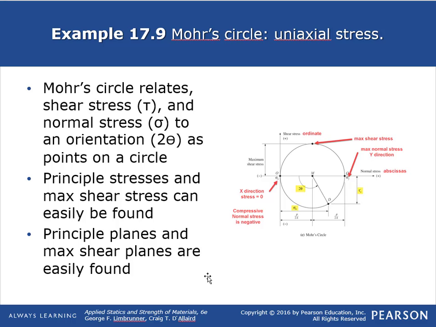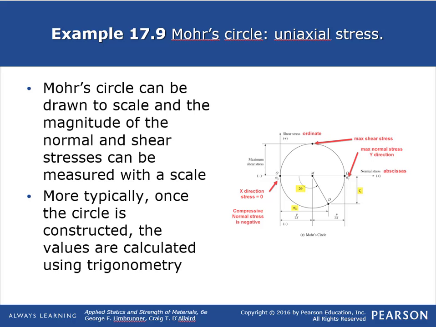So that's how Mohr's circle works, and like I said, there are more examples in your problems folder, so we're going to check those out. Again, Mohr's circle can be drawn to scale, and the magnitude of the normal and shear stresses can be measured with a scale. But more typically, once the circle is constructed, the values are calculated using trigonometry.